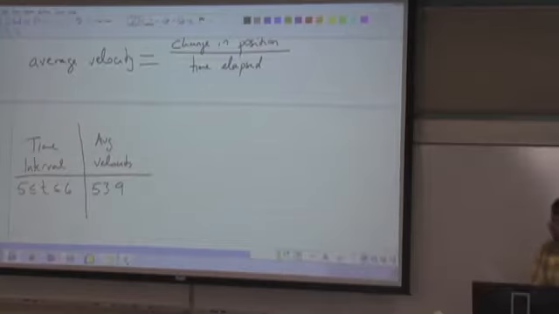Do you want me to write out how you come up with that? Just for this one, maybe I'll do. Think about this. The average velocity is going to be s of 6 minus s of 5 divided by 6 minus 5. Does this make sense?